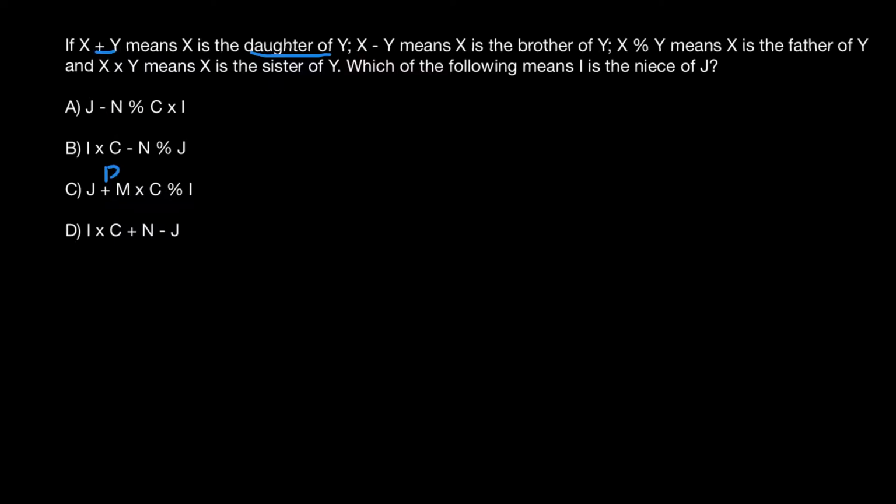Next, minus means brother, so we put B. Percent means father, so we put F. And the last one, times, means sister, so we put S. Now we are ready to solve this problem.